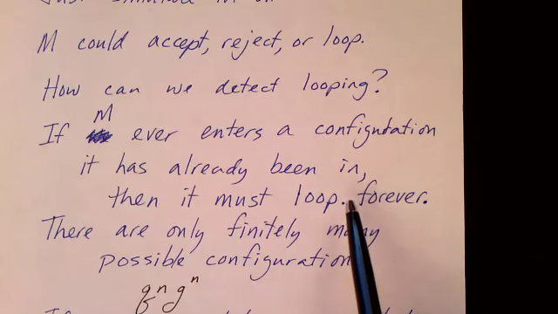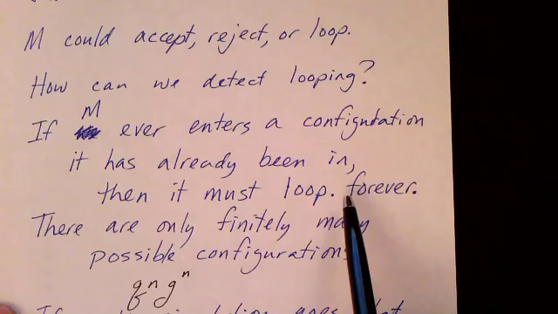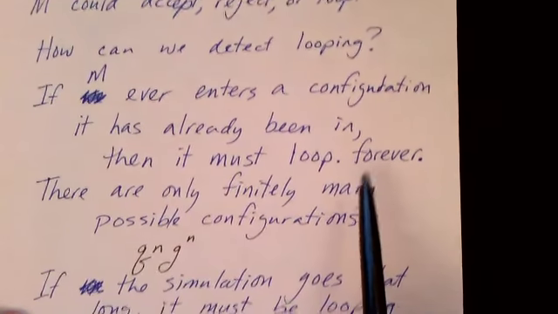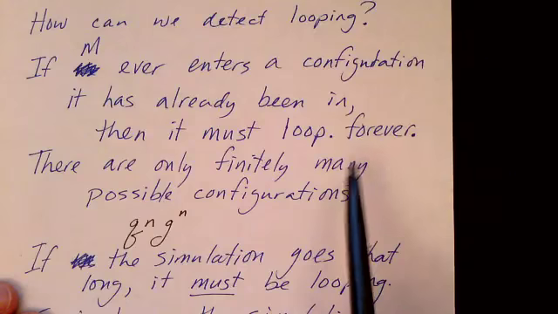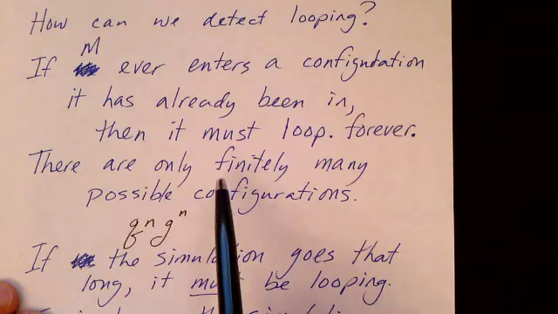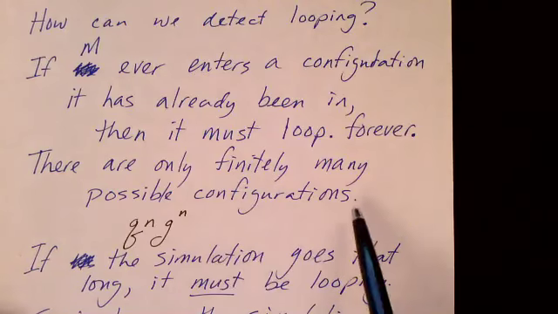So if it enters a configuration that it's already been in, then it will do exactly what it did the last time it was in that configuration and keep re-entering that configuration and loop forever. Now we just showed that there are only finitely many possible configurations.